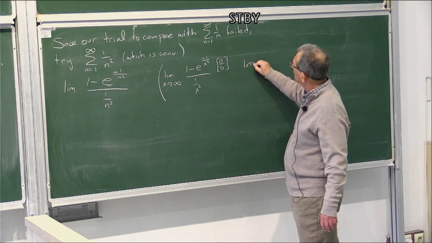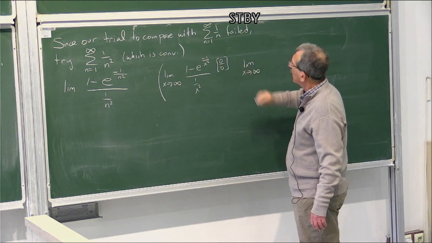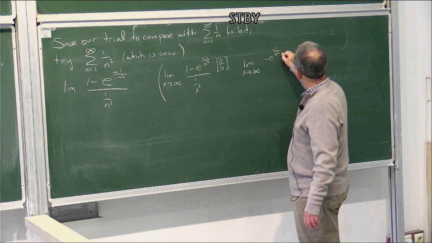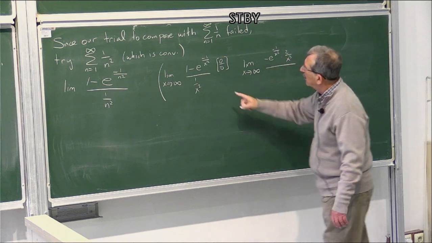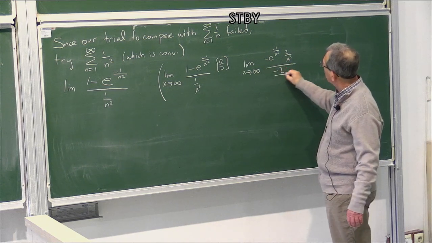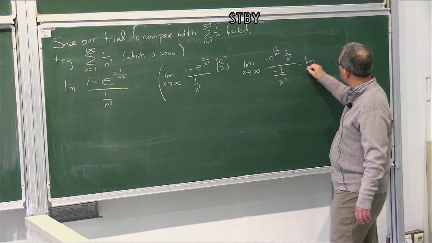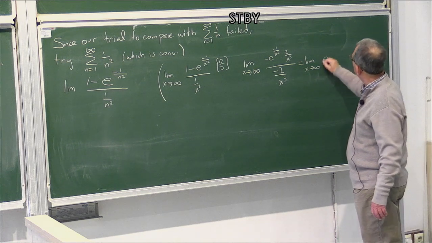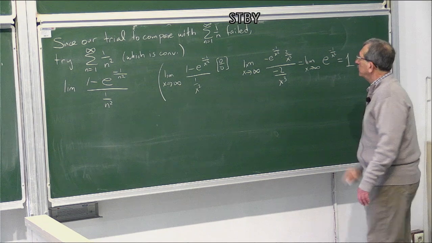Differentiation of the top and the bottom tells us that we have minus e to the minus 1 over x squared, 2 over x cubed, divided by minus 2 over x cubed, which happens to be the limit x approaching infinity of e to the minus 1 over x squared, which is 1.